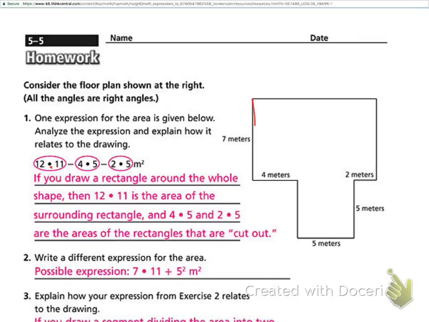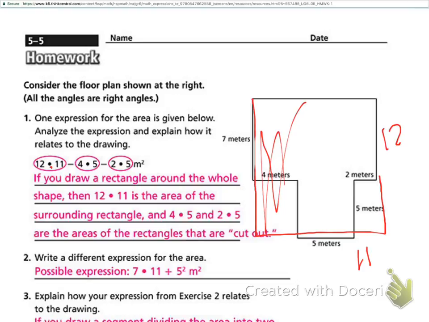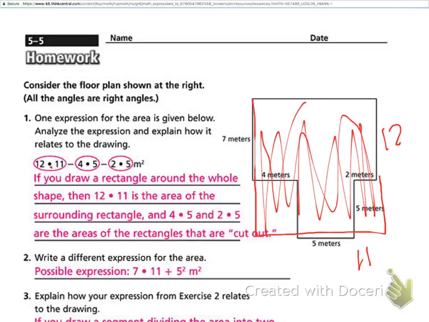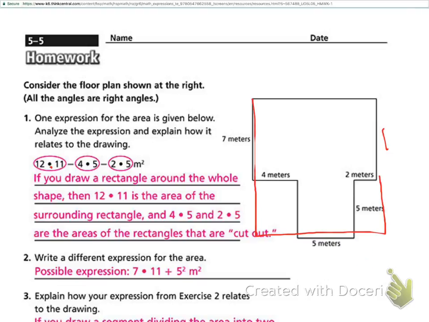What they're looking for there is they just want you to notice that this would be 12 and this would be 11. So the whole rectangle would be in here. So once you figure out that area, right, then all you need to do is take out these two little pieces, right? And we know that this has got to be 2 and this has got to be 4.